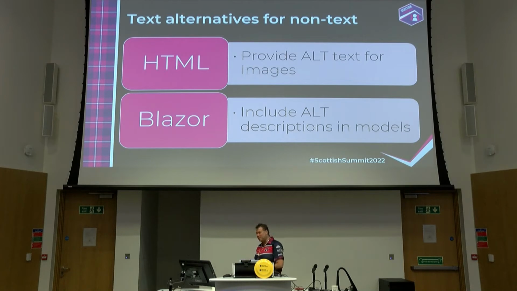So start with perceivable, and that means one of the first specifications in the WCAG is text alternatives for non-text. And if you make Blazor applications, you need 2 types of code. Simply said, you have more than 2, but 2 important ones. You have your HTML and everything that belongs to it, for example, CSS.